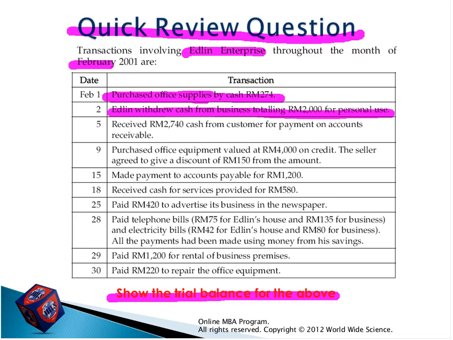Next one, you receive 2,740 cash from the customer for payment on accounts receivable. You see, accounts receivable. So you have received money from your customers. So first, the account is accounts receivable. That we have received the money, cash.